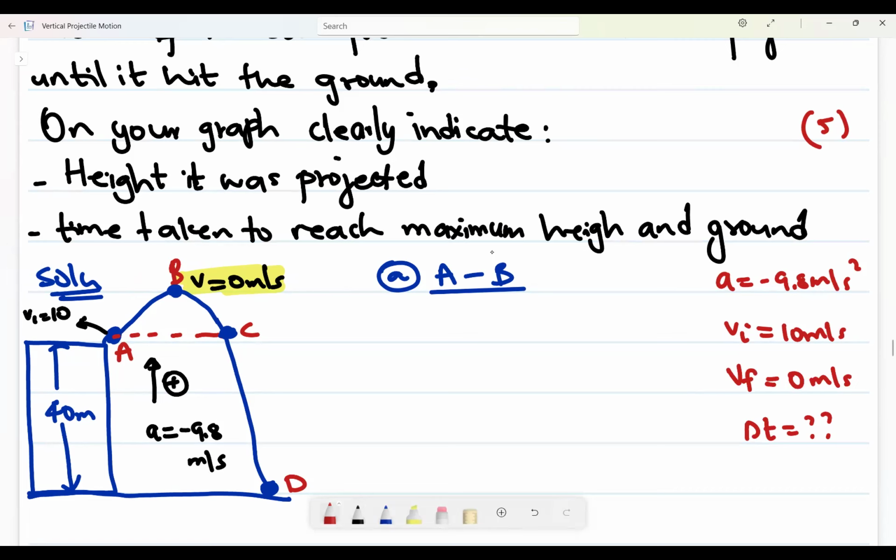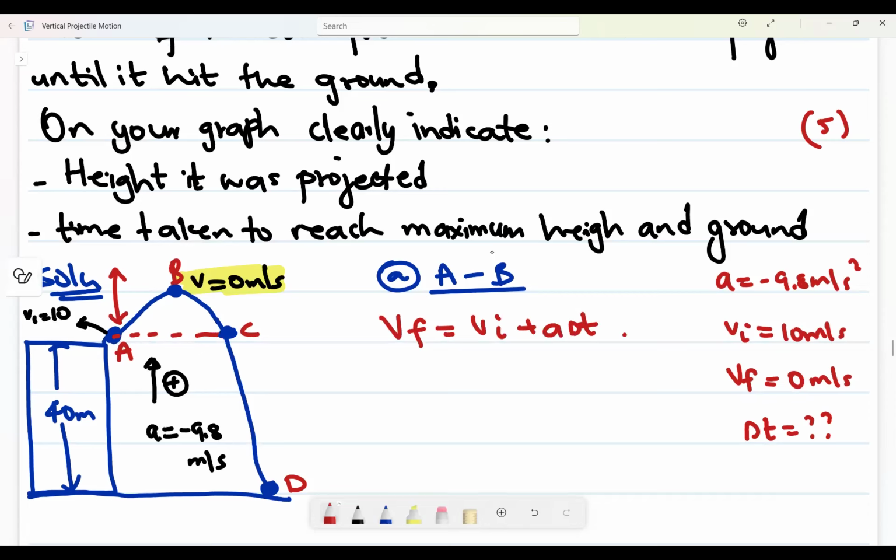Now, do you know the height from A to B? No. So the change in y we do not need, we're not going to use, hence I do not include it. Then I find a suitable formula that's going to suit this. And when I look at that formula, I see the formula is that Vf is equal to Vi plus a change in time.